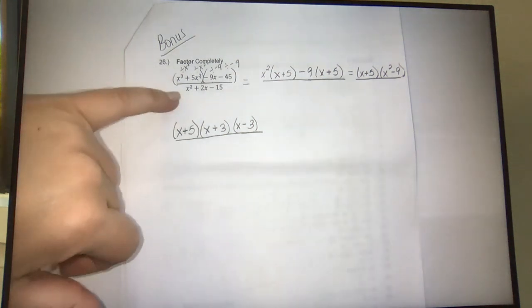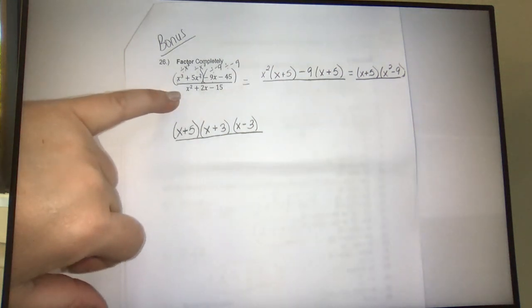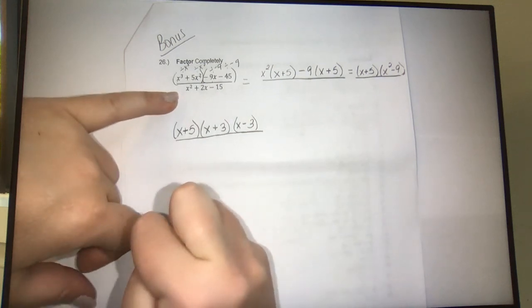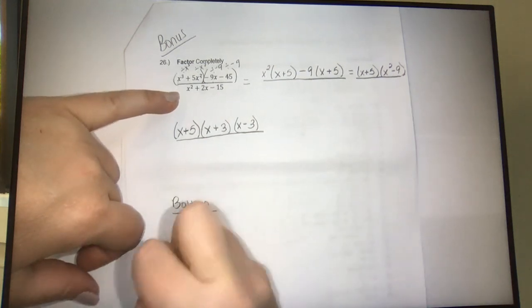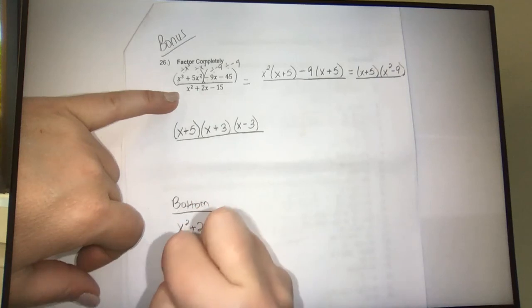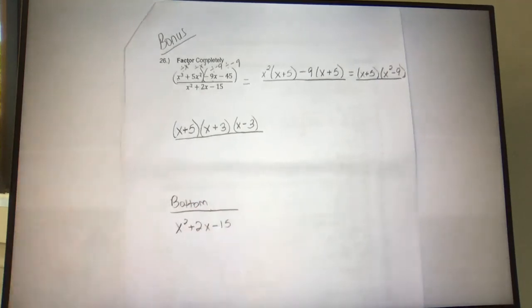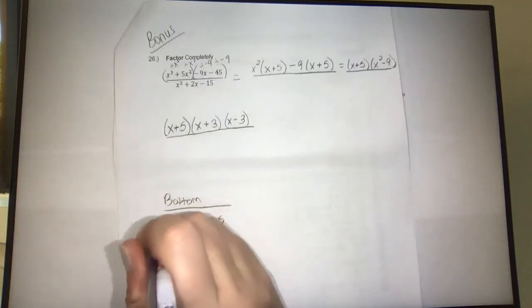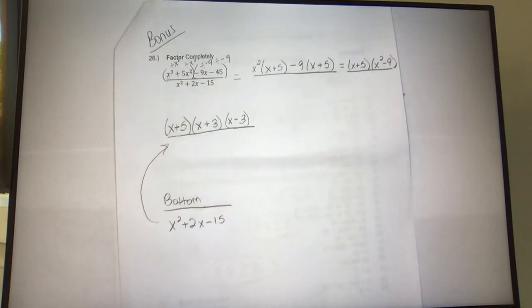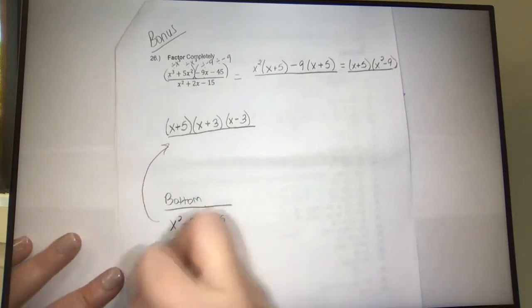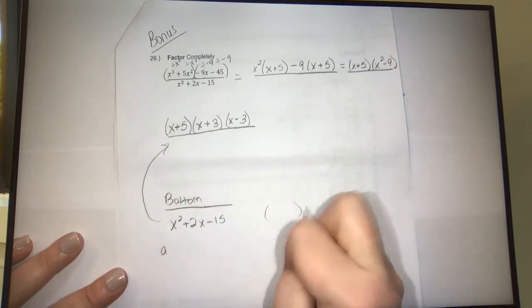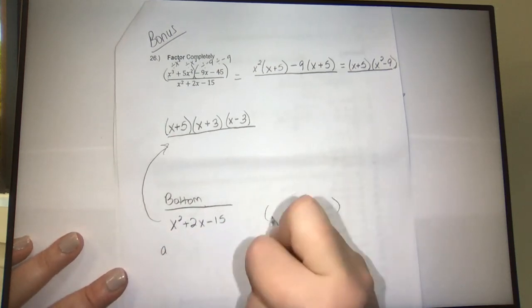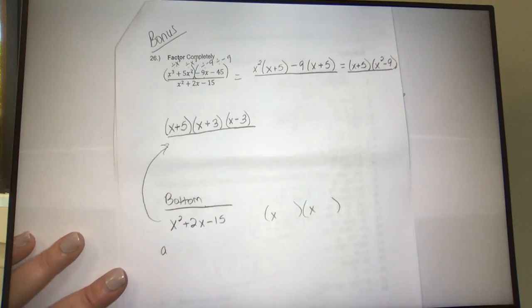All right, so I look in the bottom, I realize it's a monic. I'm just going to come over here because it's too confusing to try to deal with it down there. I've just got to remember I have to put it back right here when all is said and done. Okay, it's a monic, so I know I'm going to have two nice little parentheses with an x in the front. I don't have to do anything crazy and do the 4-term.